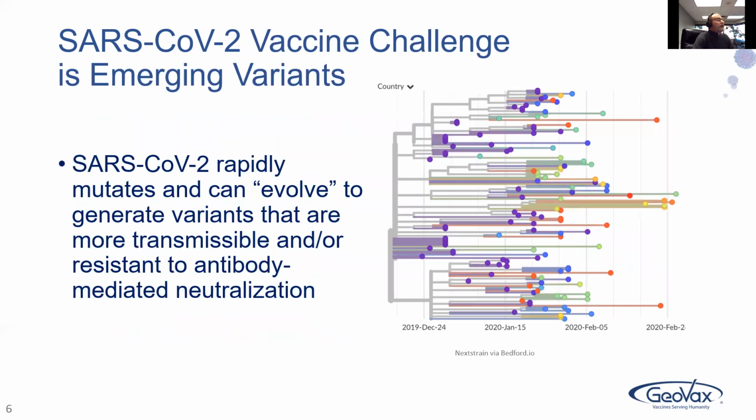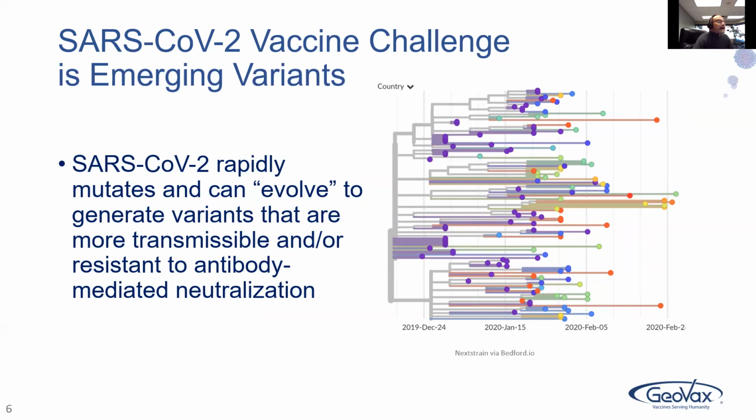Now, there's a concern with neutralizing antibodies in that SARS, as with all RNA viruses, is capable of rapidly mutating and literally can evolve and generate variants, which may either be more transmissible or resistant to antibody neutralization if these variants occur within the S protein, the spike protein.